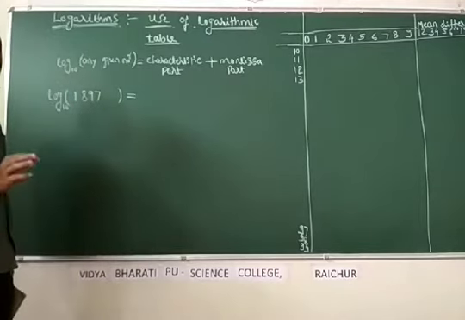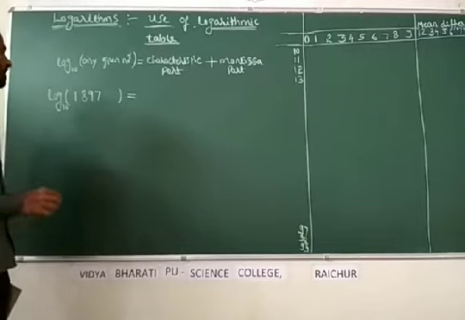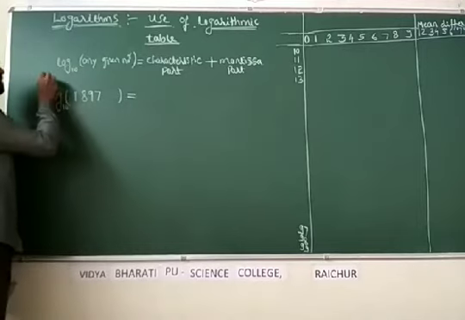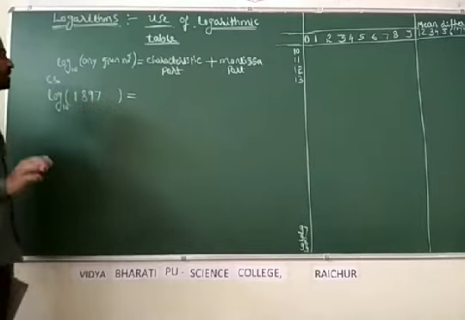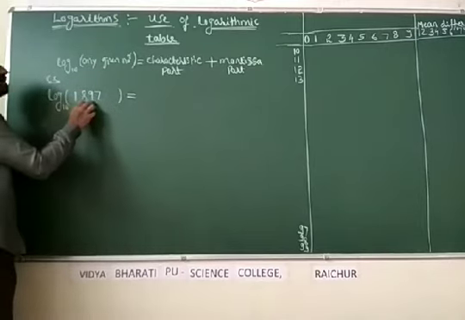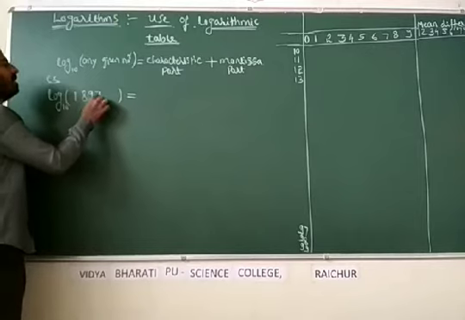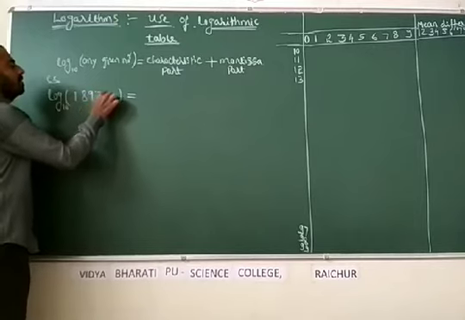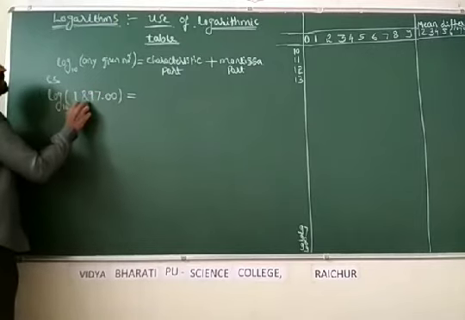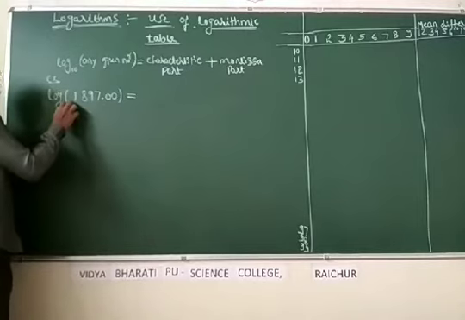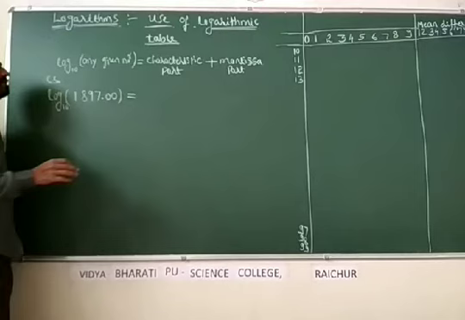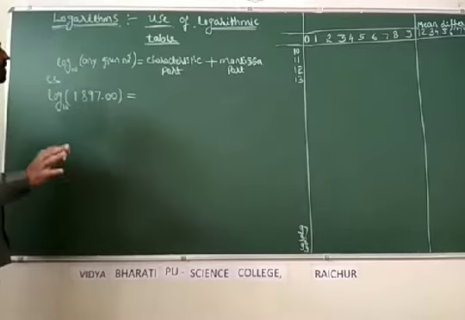Of course, here the example I took is itself of 4 digits, 1897. Still I write it like this, 1897.00. Whatever the given number, that should be made of 4 digits.